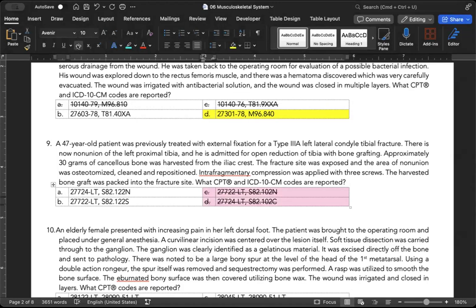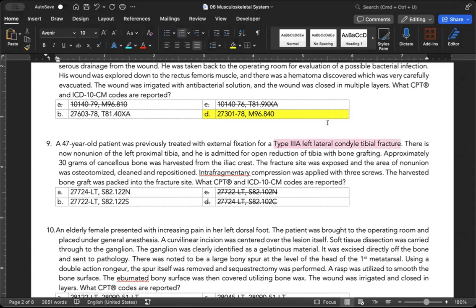Sorry, I didn't get to the code, but I was going to say the one that says the left. Well, I think they're both for left. It's just a matter of whether it's an unspecified fracture or a displaced fracture. So we have our type here, the type 3A, and we know that that's going to be a displaced fracture.